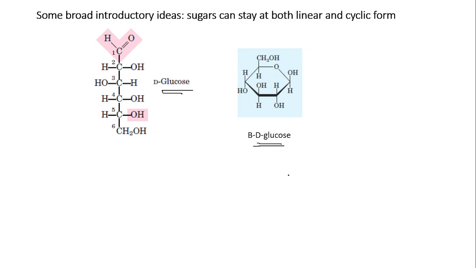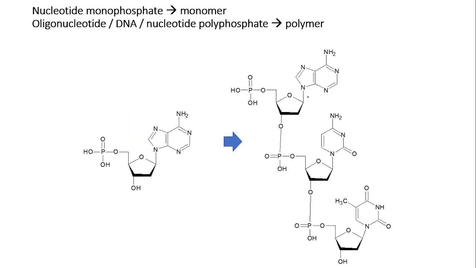Both can exist in nature, although we will more commonly encounter the cyclic form. For example, in DNA we usually see the ribose or deoxyribose sugar in the cyclic form. Here you can see this is a cyclic form, and so on. This is deoxyribose sugar.